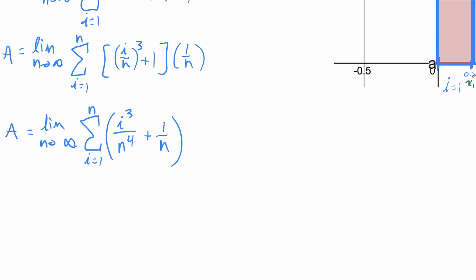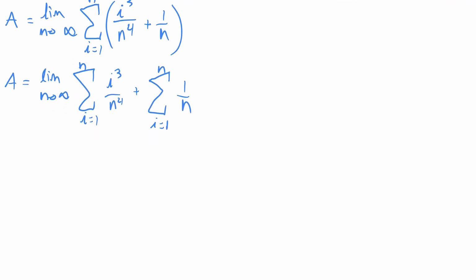So let me write that. And what I can do next, I can move any constant factors in front of my sigma. So we treat n as a constant because that's the number of intervals we're breaking it into. So as I find the products and add them together, with each product, each area I calculate, n is going to be the same value. So I can treat n as a constant and move any factors of n in front of the sigma.